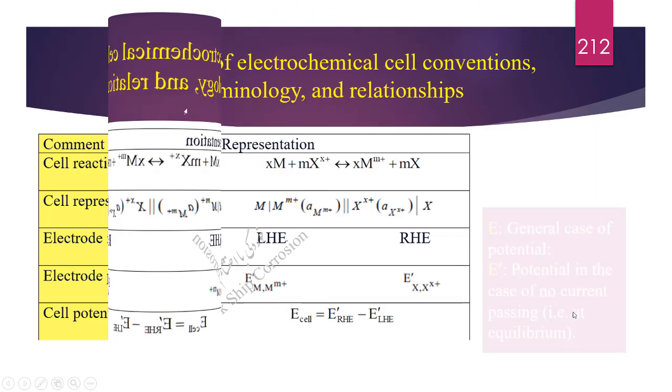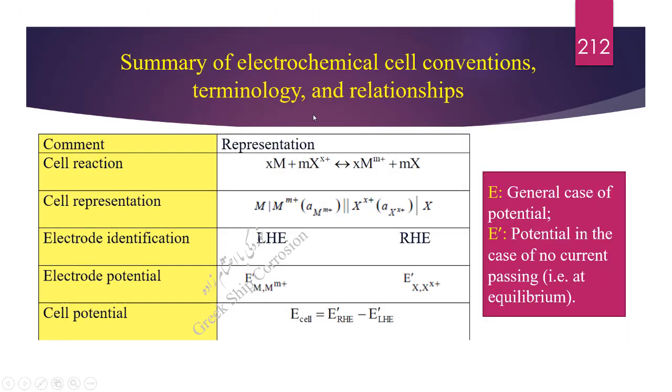Summary of electrochemical cell conventions, terminology, and relationships. Cell reaction: xM plus mX^(m+) yields xM^(n+) plus mX. Cell representation: M, M^(n+) activity, two bars that show the salt bridge, X^(m+) activity, X. Electrode identification: LHE, RHE.